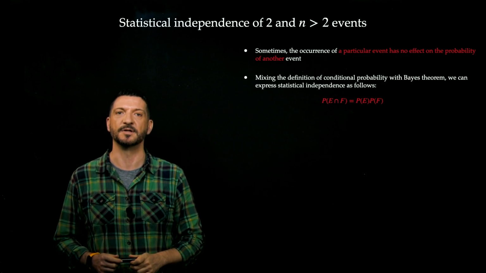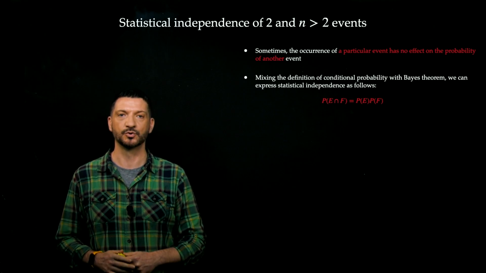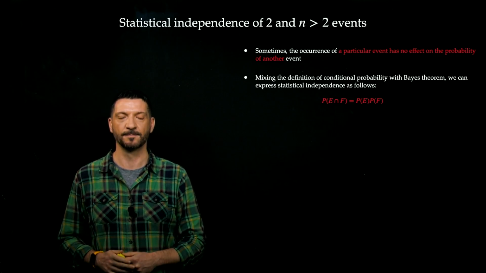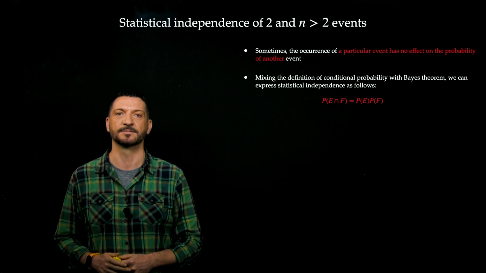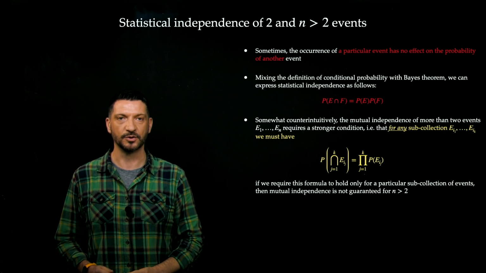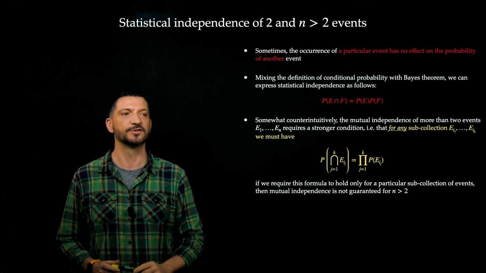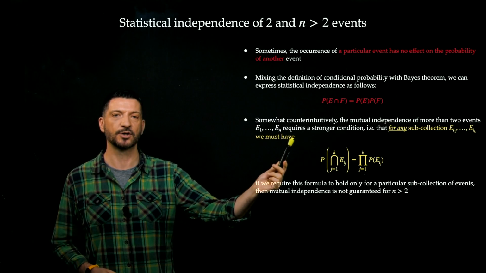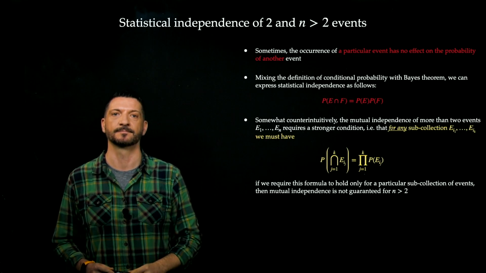Intuitively, we may think that when we have more than 2 events, then their statistical independence is just the statistical independence of each couple. However, we have seen with counterexamples that this is not the case. When we have more than 2 events, their statistical independence is subjected to a stronger condition, which means that for every subcollection of events, this formula here must be satisfied.